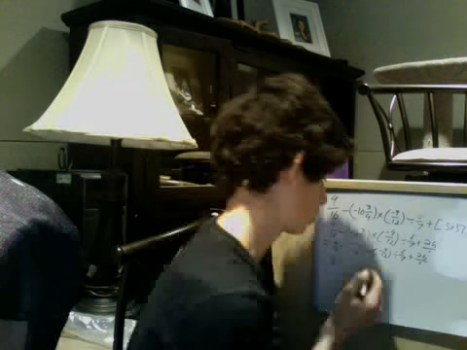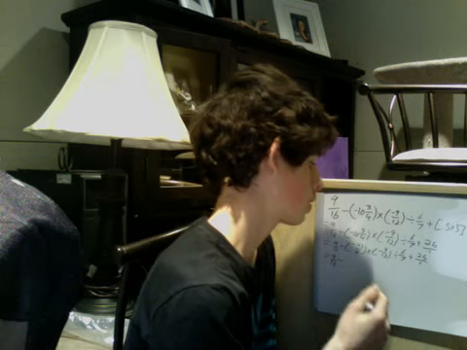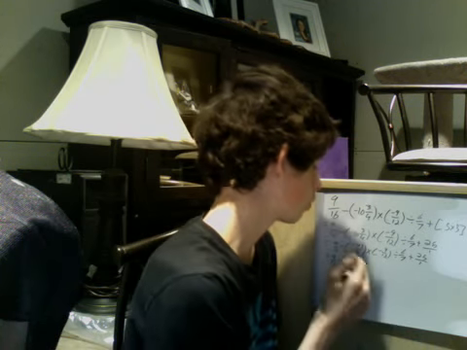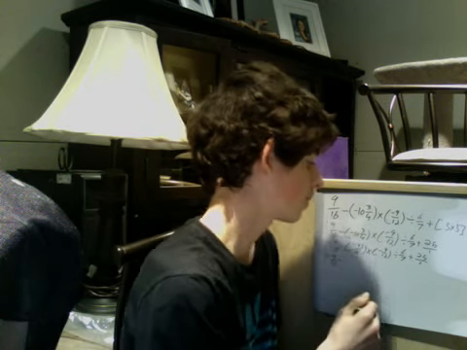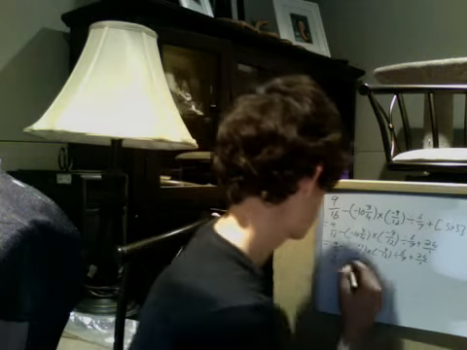So BEDMAS, multiplication and division first. So negative 43 over 4 times negative 9 over 12 equals negative 8 and 1/16.